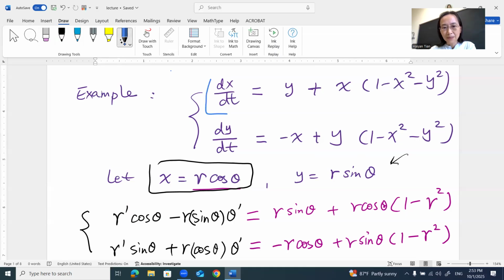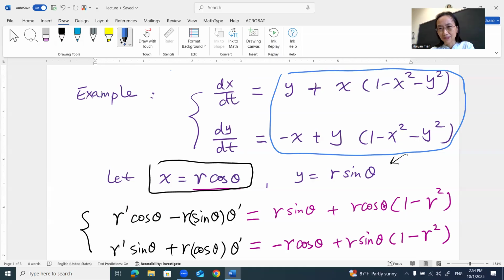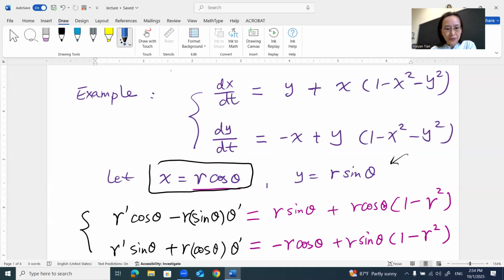For example, here, that's x derivative, y derivative. That's the right-hand side do not involve any derivatives, right, of the xy. So we hope we can have only r derivative in one equation and only theta derivative in the other equation. So that's our goal. How do we do that?